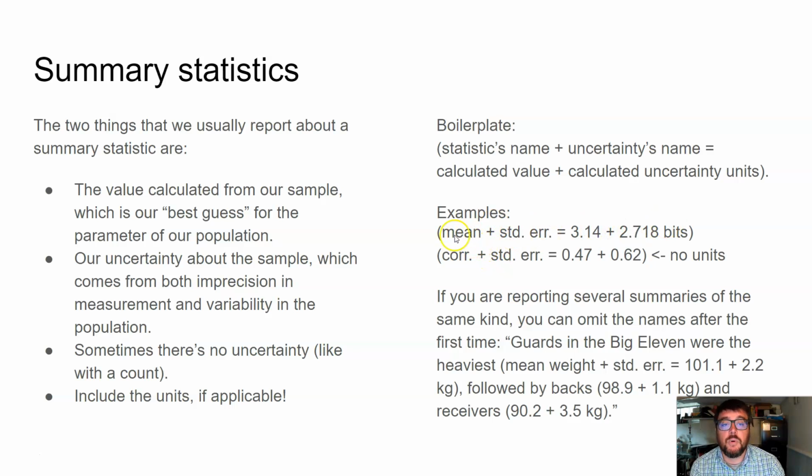So the first time you report summary statistics like this, you have the explanation of what the stat is and what its uncertainty is. But then after that, you wouldn't repeat this over again, to save some space.